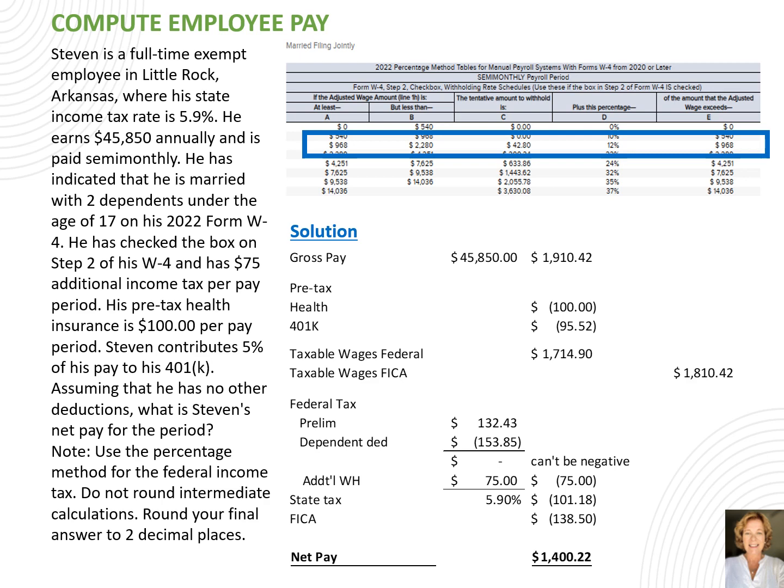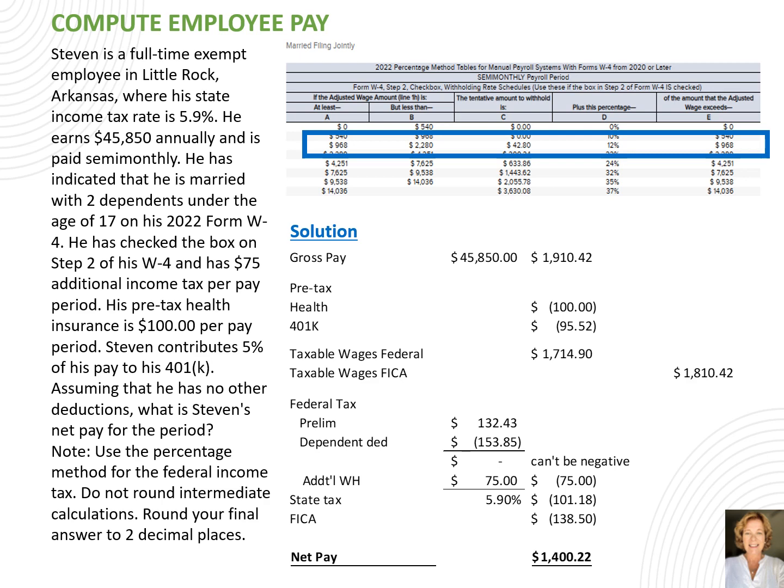And then multiply that amount by 12%, which results in $89.63, to which we add the tentative amount of $42.80 from the table for a total of $132.43.